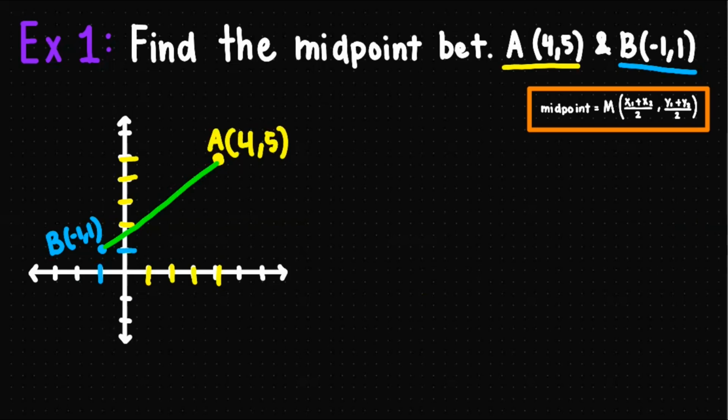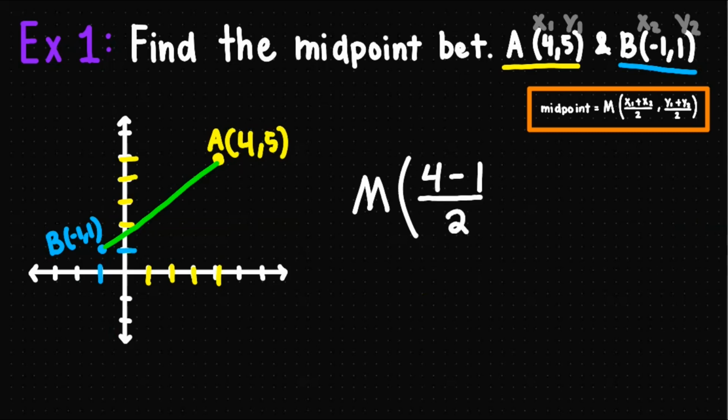Using the formula, the midpoint is given by x sub 1. So let's set x sub 1 and x sub 2, y sub 1 and y sub 2. We can set this to be x sub 1, y sub 1, x sub 2, and y sub 2. Plugging that in, we have x sub 1, 4, plus x sub 2, that's -1, all over 2, comma, y sub 1 plus y sub 2 all over 2.